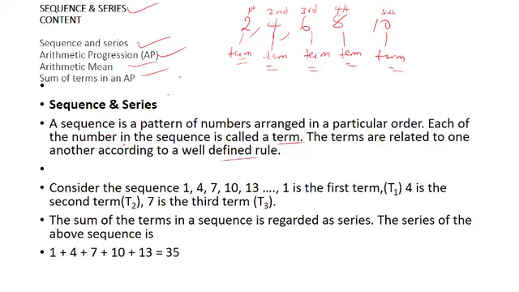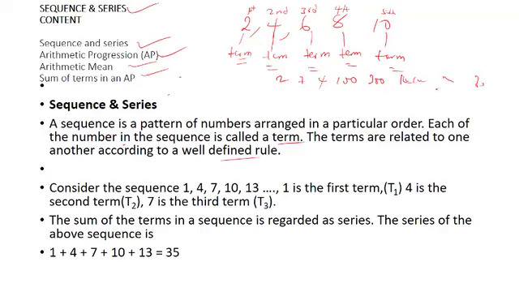The rule we are talking about is that there should be a difference between them. Like the sequence in front of you, 2, 4, 6, 8, 10, the rule is that each term surpasses the previous term by 2. So this is not a sequence: 2, 7, 4, 100, 300, 4 million, 52, 73.